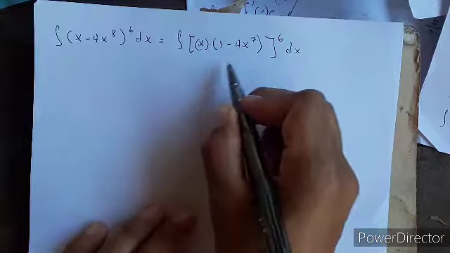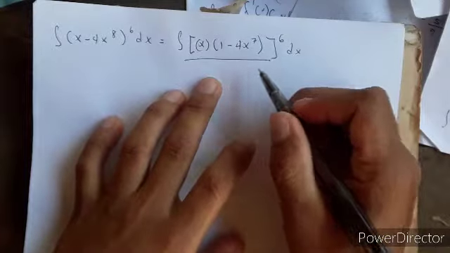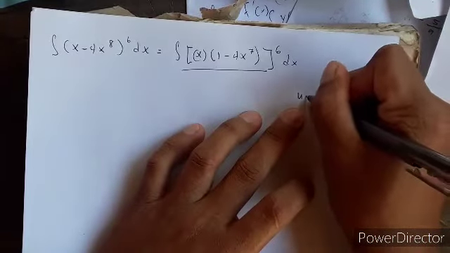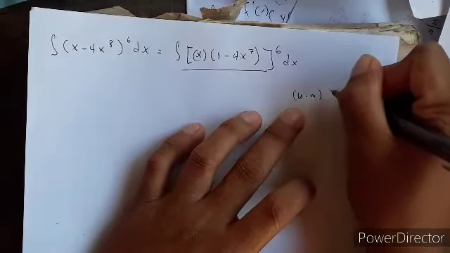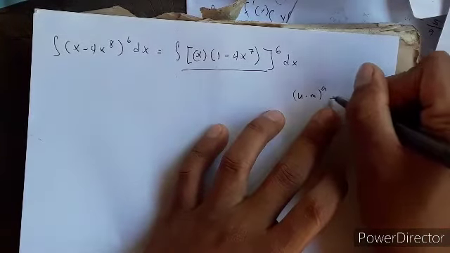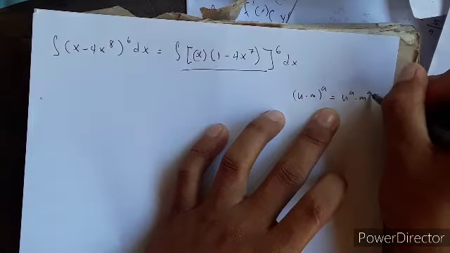As you can see here, for this kind of function, the power rule says that u times m raised to a is equal to u raised to a times m raised to a.